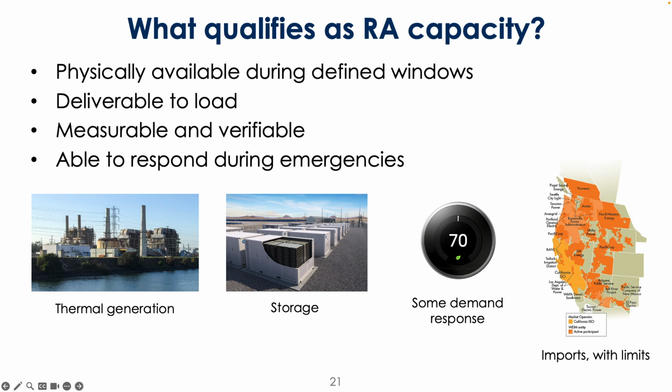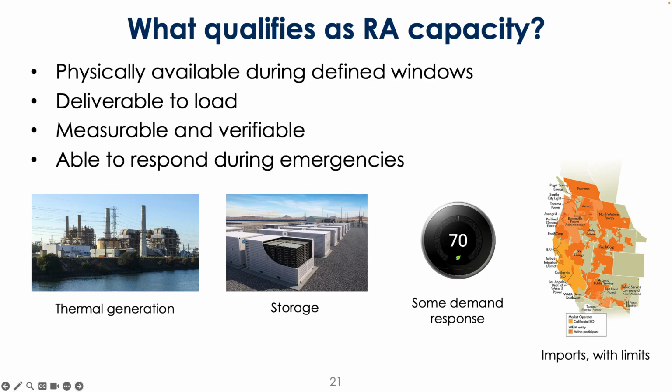Okay, what qualifies as resource adequacy capacity? These are things that are physically available during defined windows, deliverable to load, measurable and verifiable, and able to respond during emergencies. There are a couple of common examples used for resource adequacy. Thermal generation and storage are the big ones, and then increasingly some demand response.